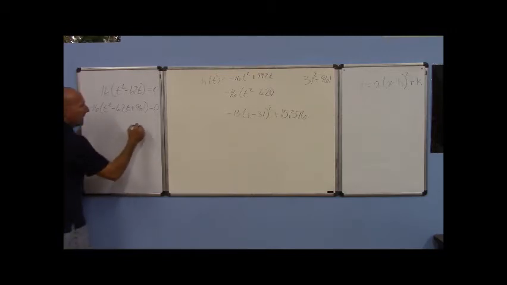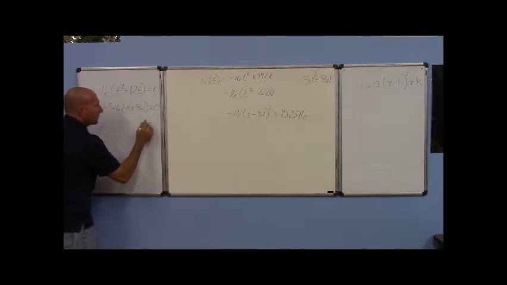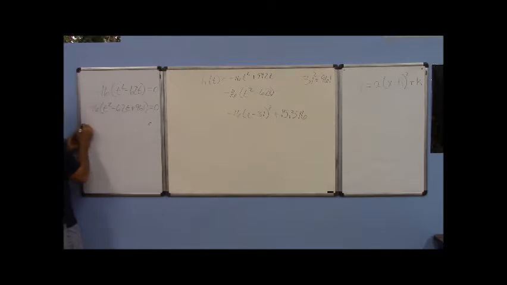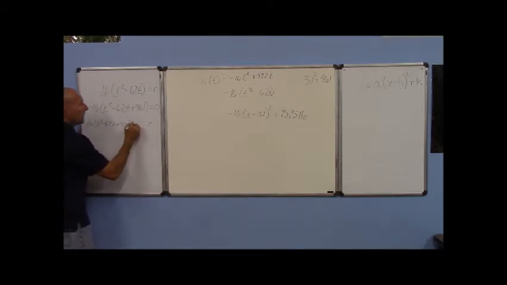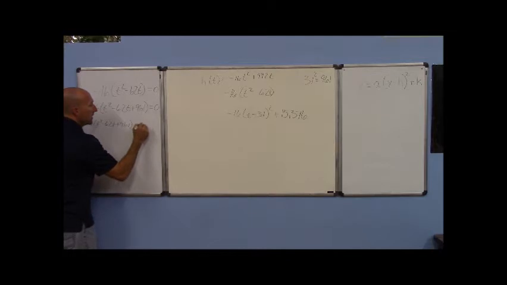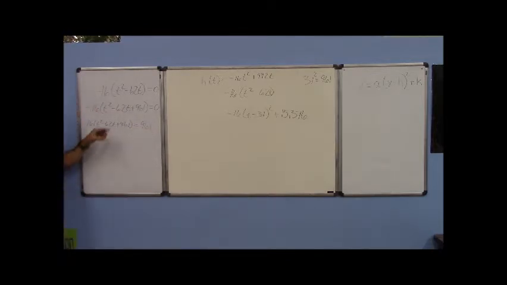So let me rewrite this: minus 16 t squared minus 62t plus 961. If we say equals 961, we added it into these parentheses, and we're adding it to the other side of the equal sign.